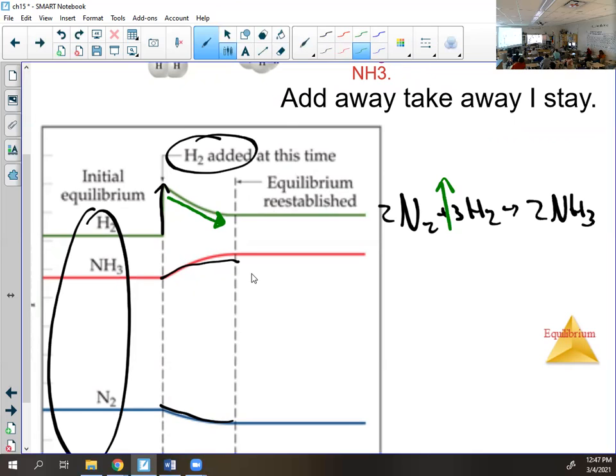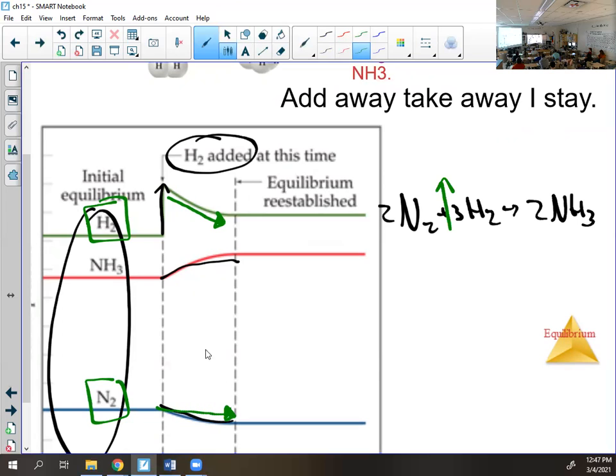I added H2, the reaction will always oppose my change. So even though it went up, it started to go down. Now remember, N2 is also a reactant. These are the two reactants. You with me? N2, it's just hanging out doing its own thing. But then suddenly we add H2 and then the N2 goes down.